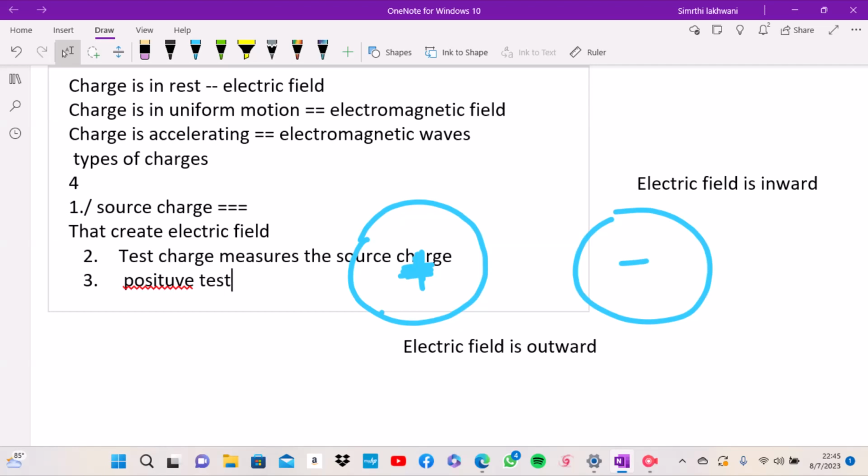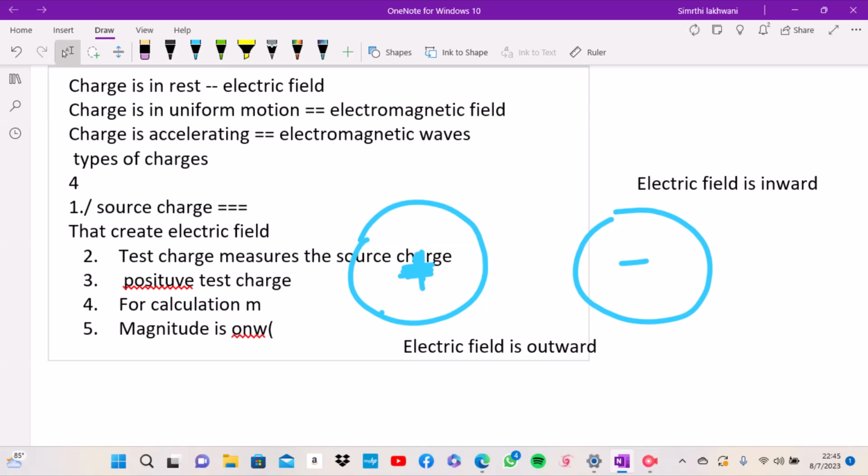Now the third one is the positive test charge, which is used for calculation purposes. The test charge shows whether an electric field is there or not, but the exact calculation is done by the positive test charge, and its magnitude is 1.